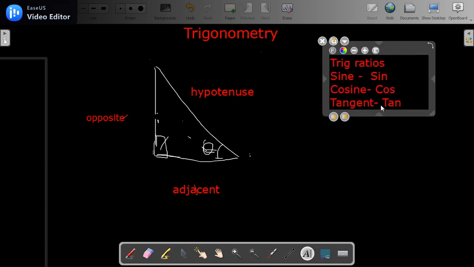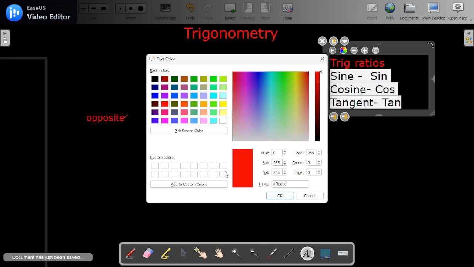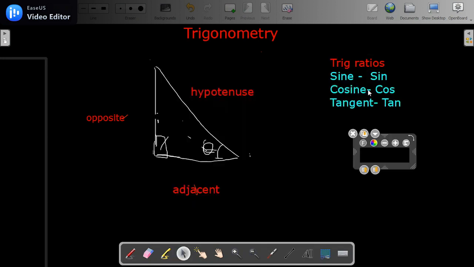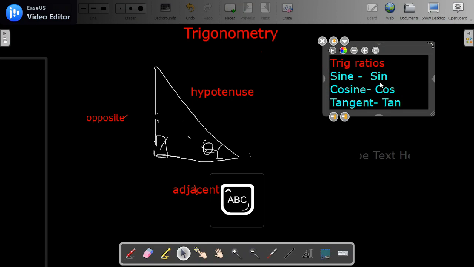There is an acronym, a statement that is used to define these trig ratios, the sine, cosine, and tangent, because they all have definitions.